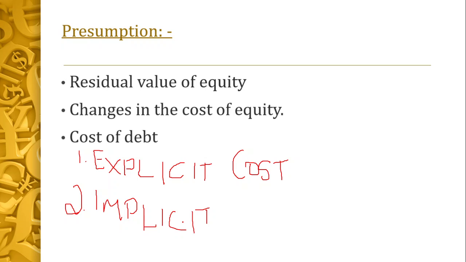Now, speaking regarding explicit cost, we tend to tell cost as explicit cost, which has been mentioned in clear words. Okay, for you all to understand, explicit cost is that. Now, what is the cost which has been mentioned here regarding debt? What has been exactly said?